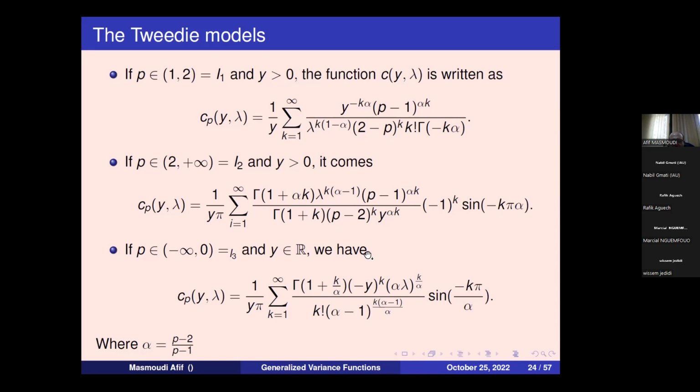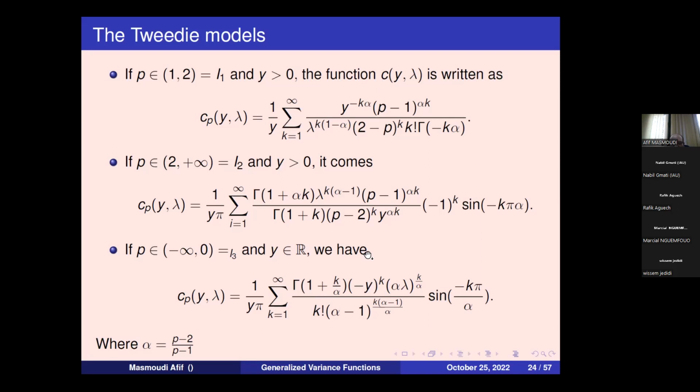These are expressions of PDF in y, the density of the stable distribution, given in the book of Feller, for example.